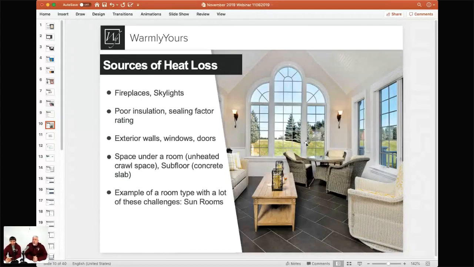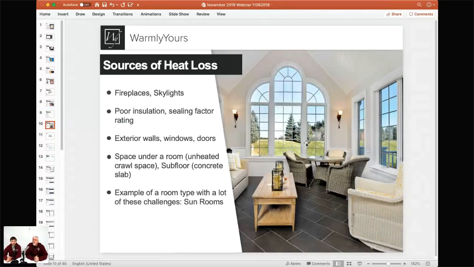But sources of heat loss, people never really think about this. What are some of the things we call heat loss monsters? Some of them you can see in this room, and what are some other ones that you can't see in this room? Yeah, so you can easily spot things like huge windows all around that room. We cannot see a fireplace or skylights, but if there would be a fireplace and skylights, these are huge monsters too.